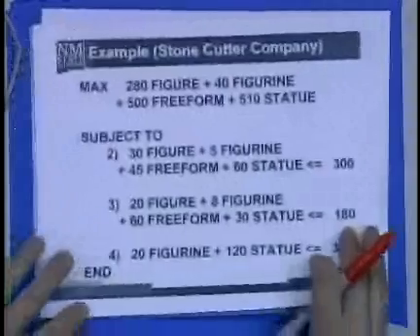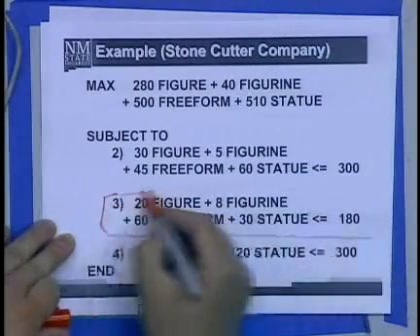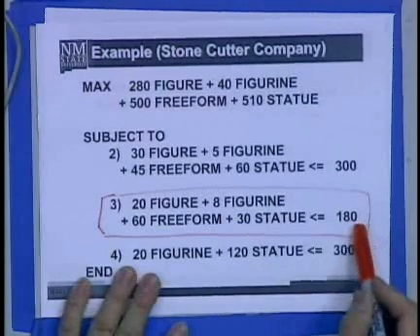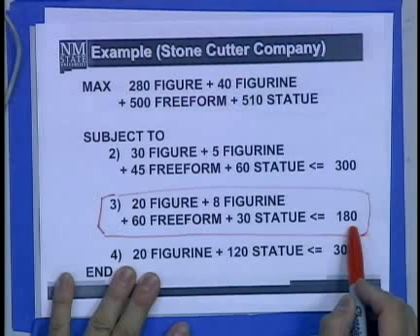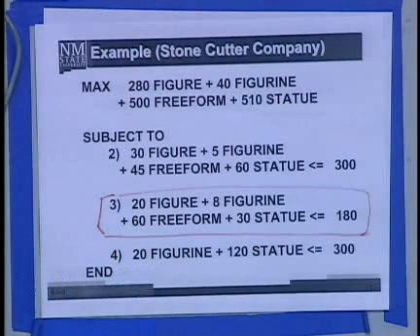And here, row number 3 represents the time constraints for chiseling. So what happened to the objective function value if 10 additional hours of chiseling were available, if right-hand side value is increased by 10 hours? So you need to look at the dual price, right?